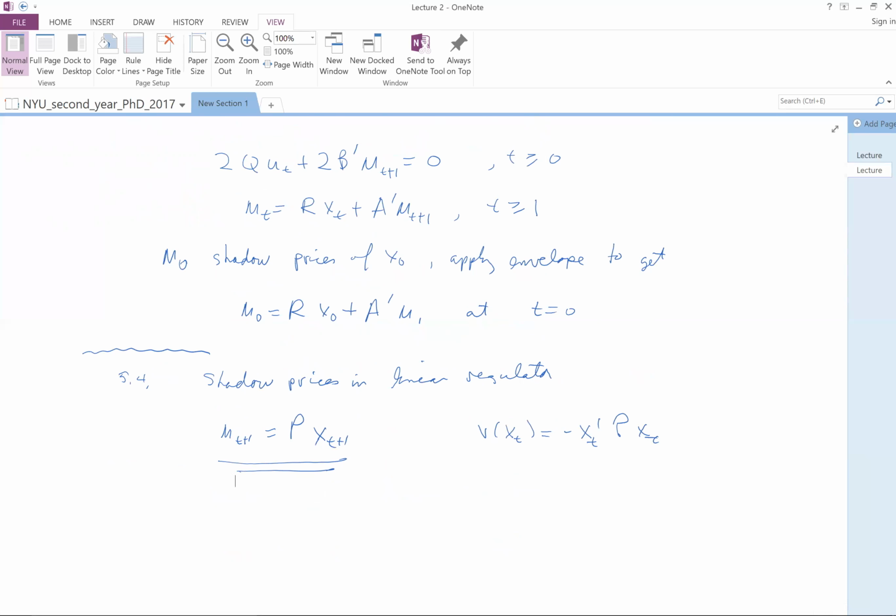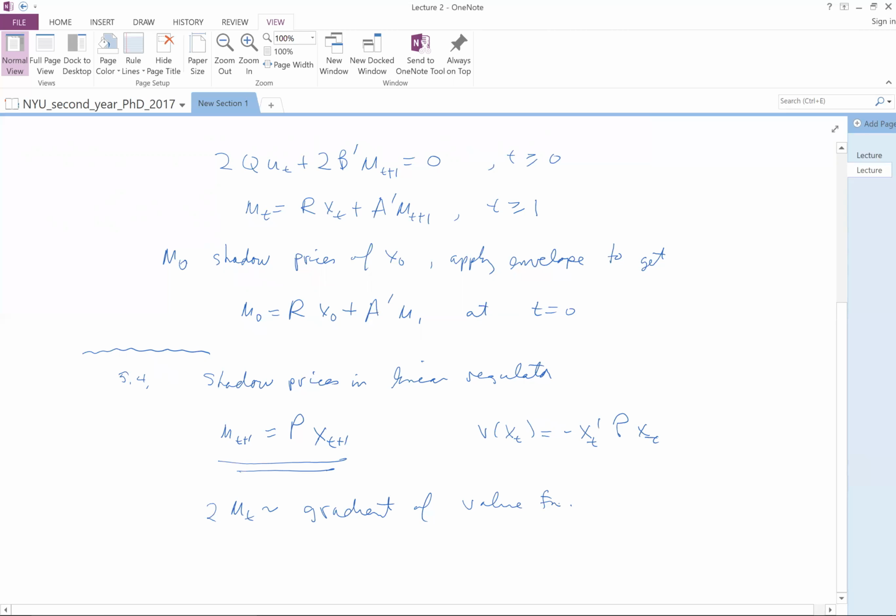And furthermore, that's identifying pt, mu t, as the gradient, well actually 2 mu t is the gradient of the value function. And I want you to go through that argument by yourselves.